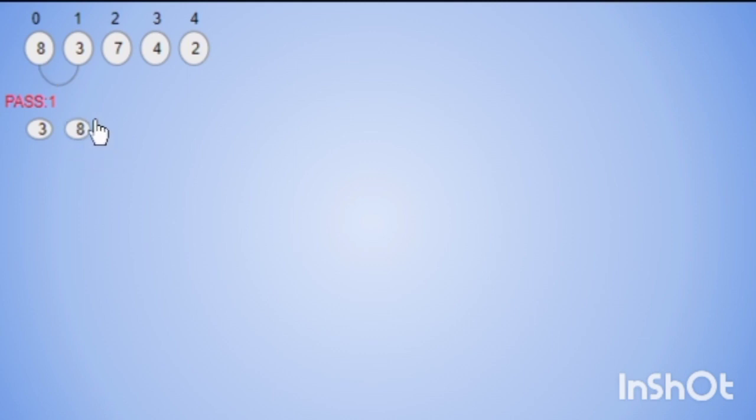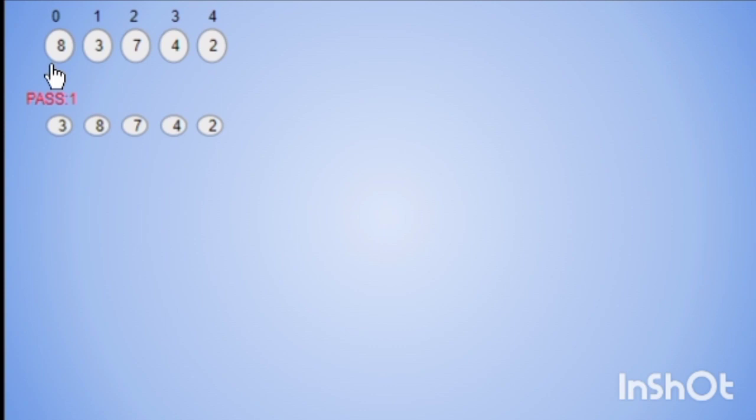The remaining array will be the same. Now check the next two elements, 7 and 8. Is 7 smaller than 8? Yes, it is. So swap them. 7 will come here and 8 will come here.